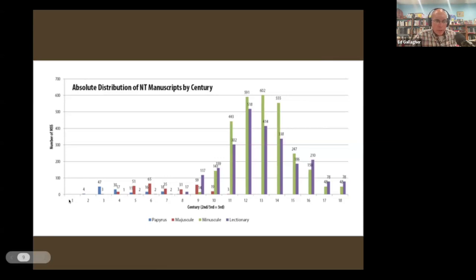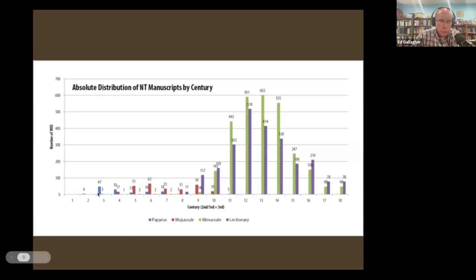At the bottom, these are centuries. So this is the first century, and you'll notice there are no manuscripts from the first century. And then we have the second century, and there are 4 papyrus manuscripts from the second century, as commonly dated. There might be some arguments about those dates, but as commonly dated, there are 4 papyrus manuscripts from the second century.